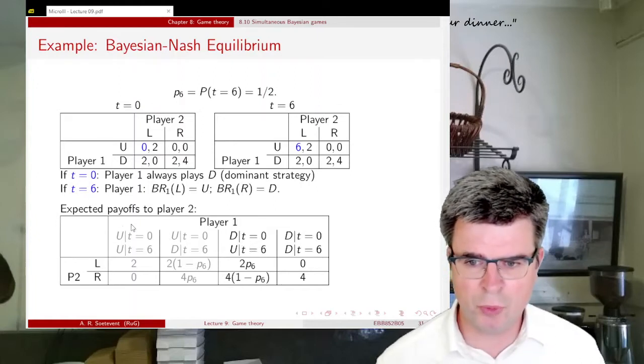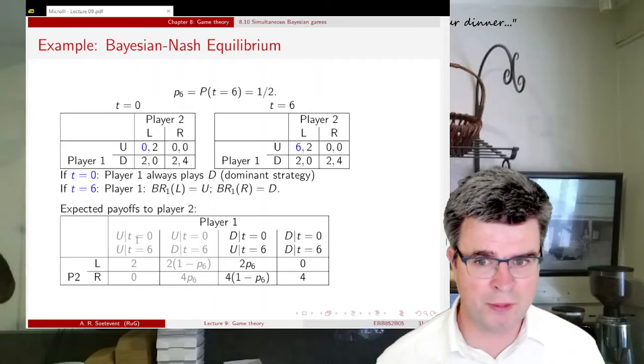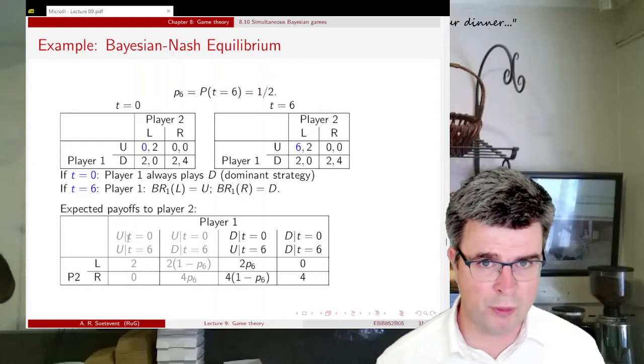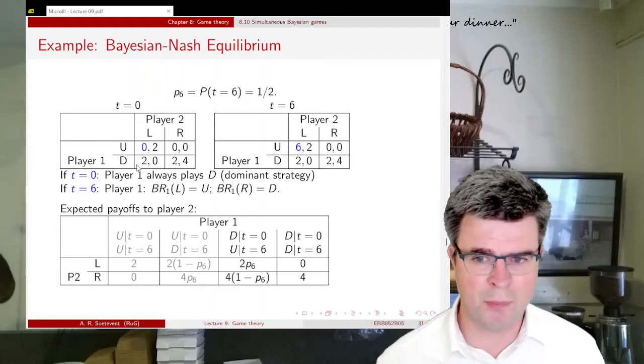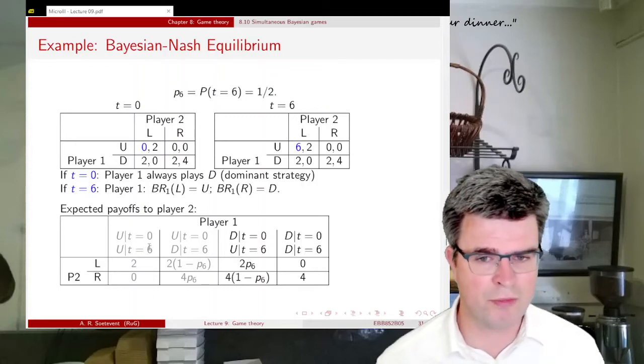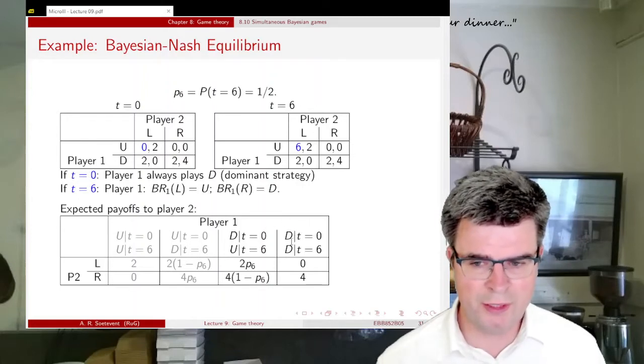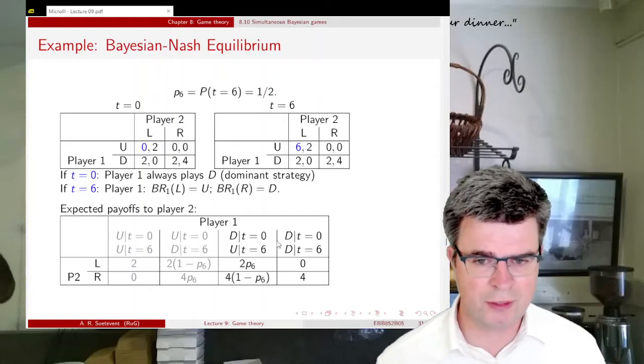And we can rule this out because up is never the best thing for player 1 to do if he's of type T is 0, because then playing down is a dominant strategy. So these are in gray. We don't have to consider them. And we are left with the 2 over here. Now we can easily see that given that this is the strategy of player 1, it's optimal for player 2 to choose right.